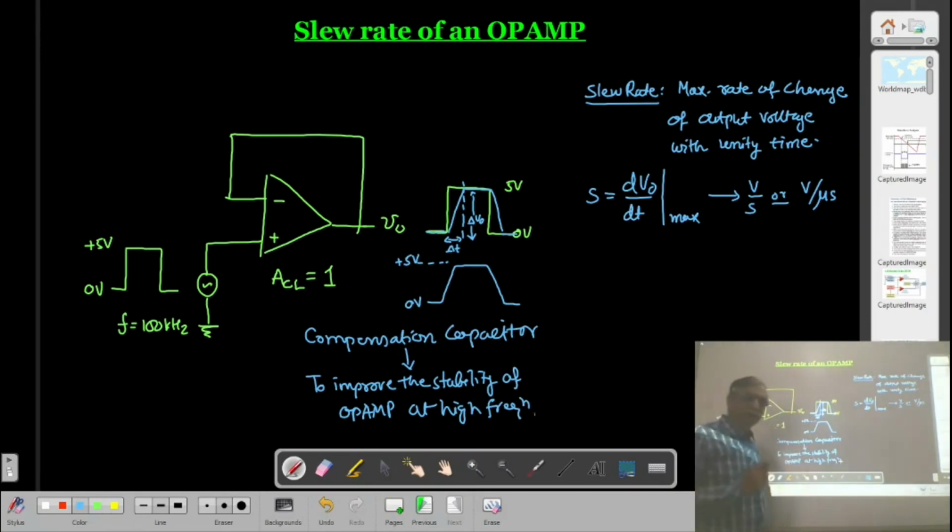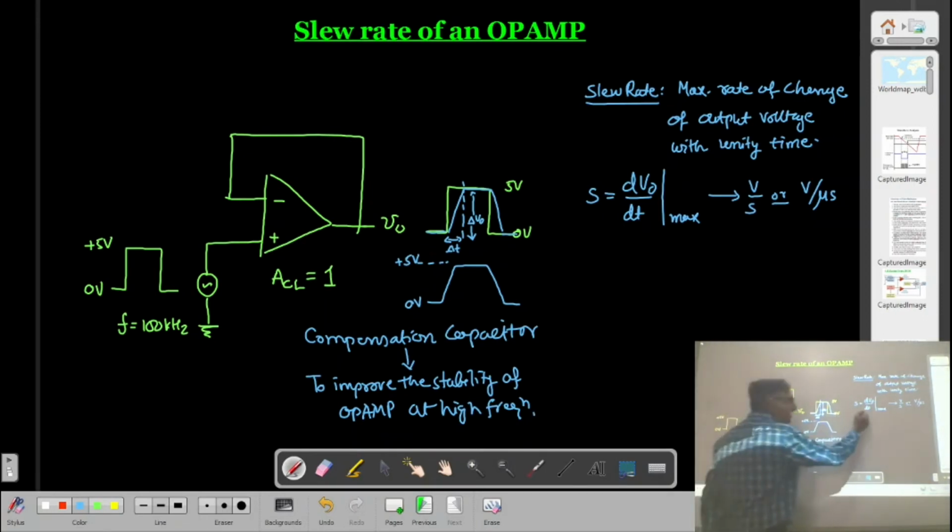And this capacitor is charged, and we already know that capacitors do not charge linearly, they charge exponentially. So the charging time will be there as well as the discharging time, and due to that the output is not identical to the input at a higher frequency.